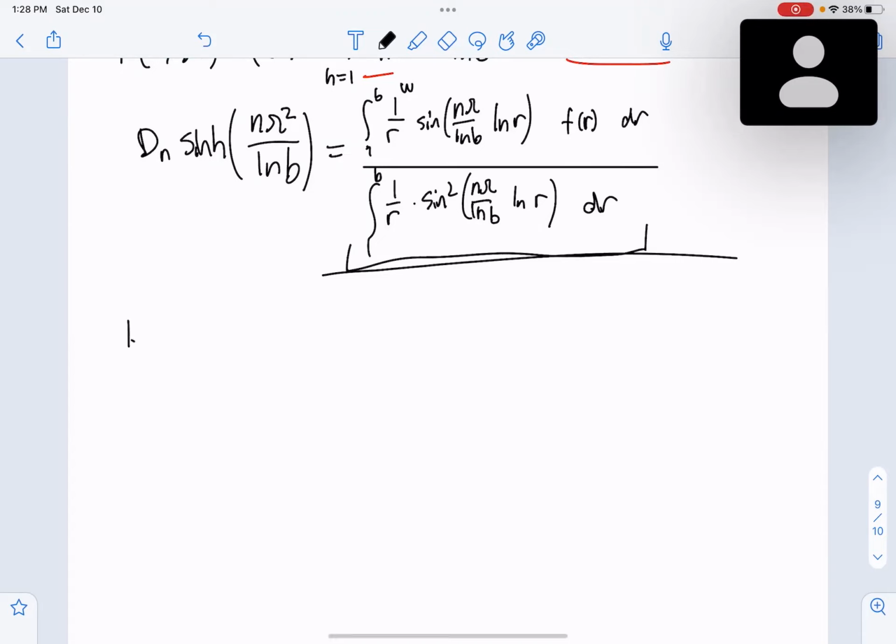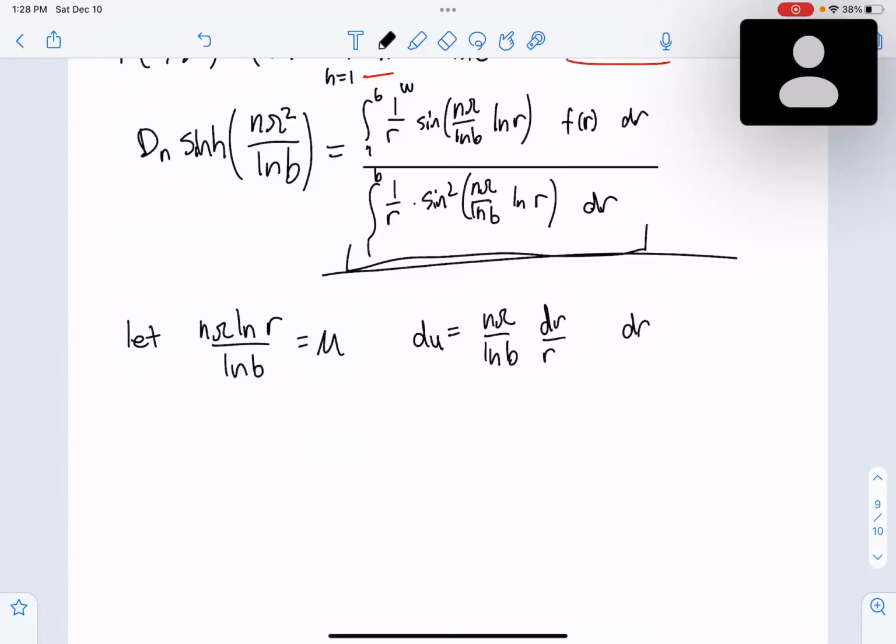So yeah, we can let n pi ln r over ln b equal mu. Then d mu is equal to n pi over ln b dr over r, so dr over r is equal to ln b over n pi d mu.